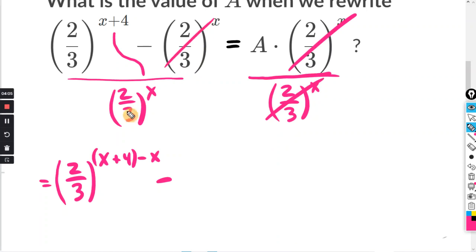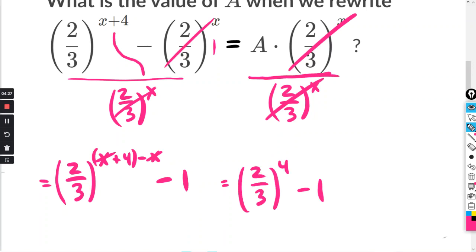The same thing over itself is just 1, so this is minus 1. Now we have 2/3 to the x plus 4 minus x. Well, x minus x cancels, and we have 2/3 to the power of 4, and that is minus 1.